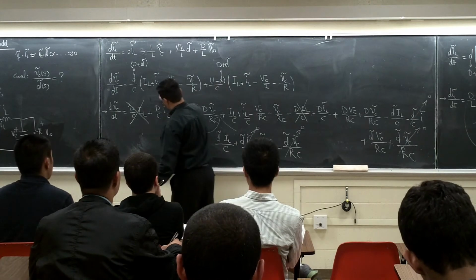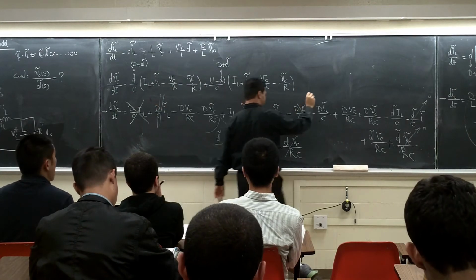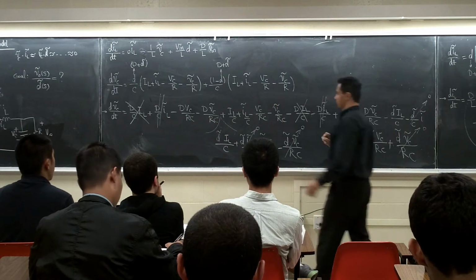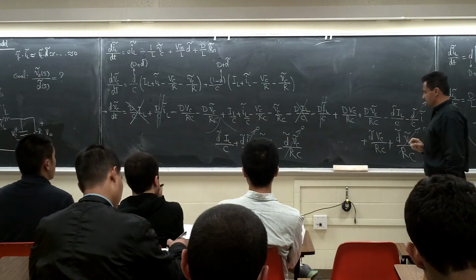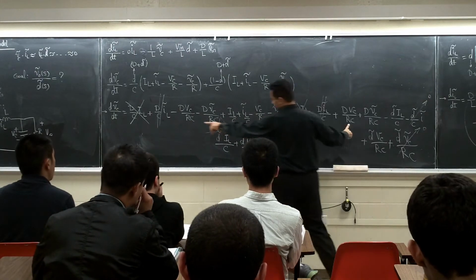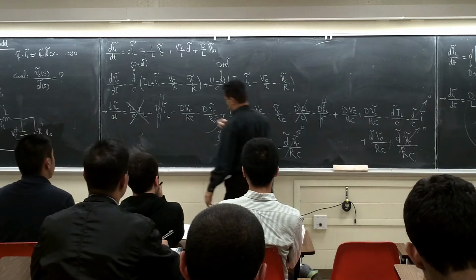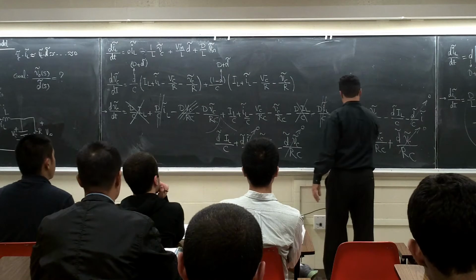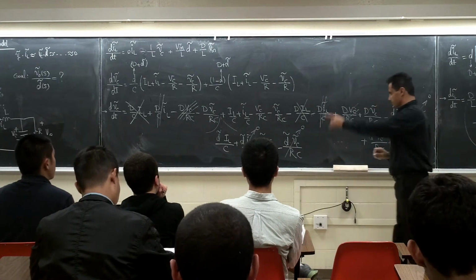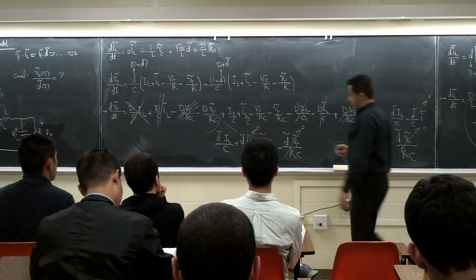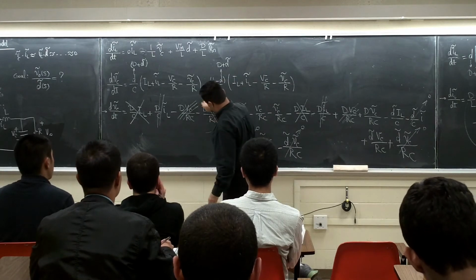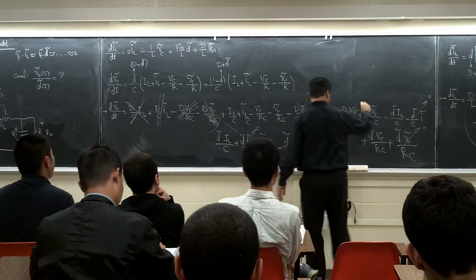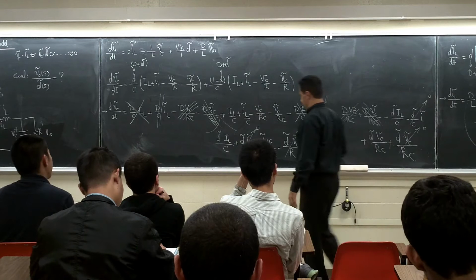So let's go like this. These two. Let's go like minus dvc tilde over rc. Let's go like this. Right?